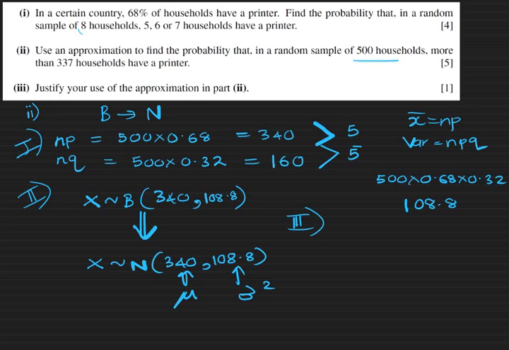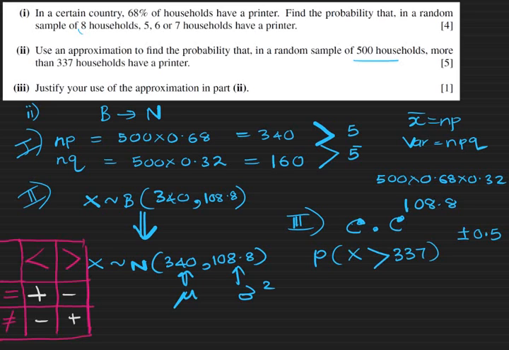That's called a continuous distribution. So when you do a binomial to normal approximation, we should do something called continuity correction, because we are changing the mode of the distribution. Although the question asks greater than 337, we must do plus or minus 0.5.